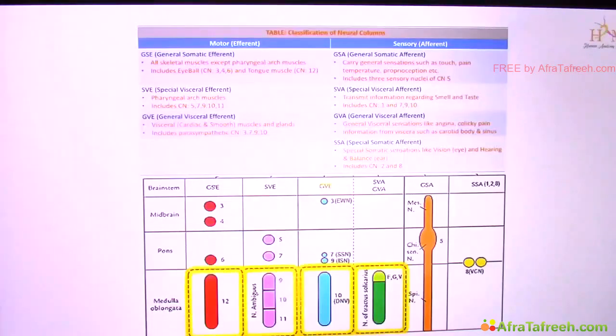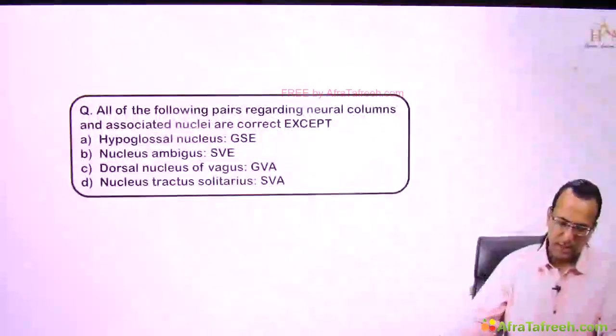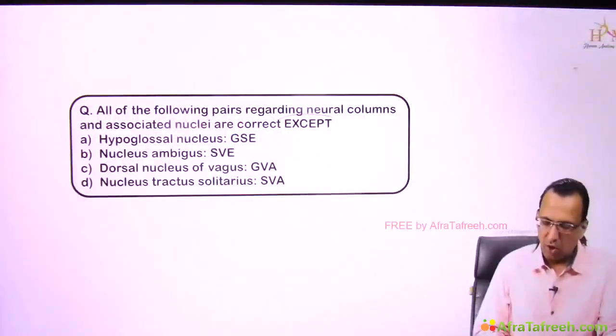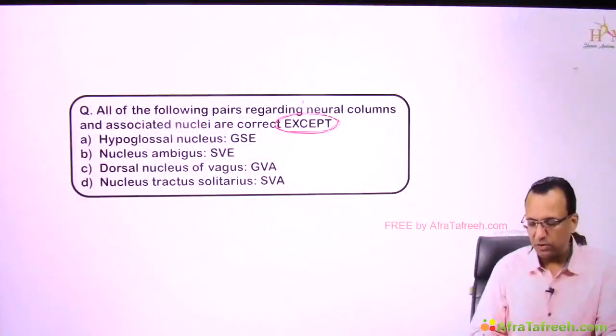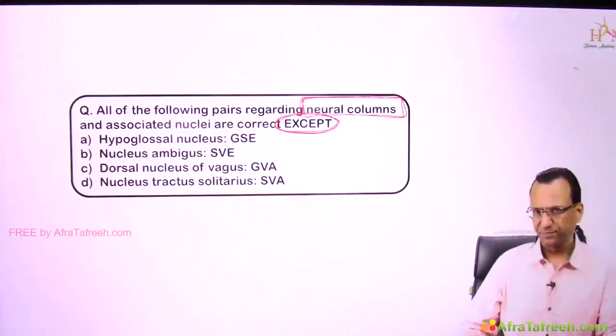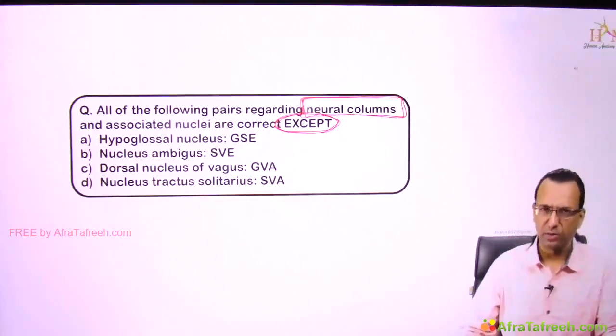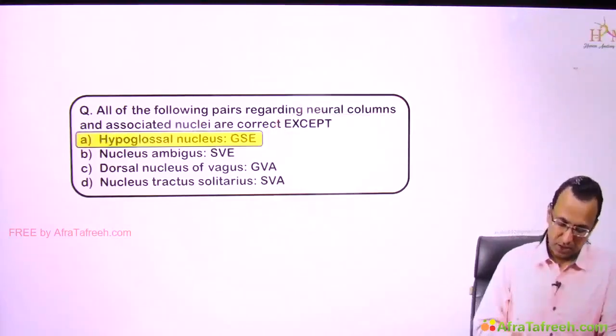Let us look at a question which is asking us about these four major nuclei. It is kind of a revision now for us. What is the question asking? It is asking for the wrong matching for neural columns. Let us start with the very first one, the GSE.